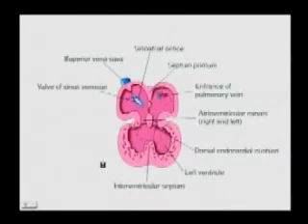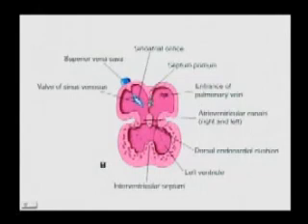So we see the entrance of the pulmonary veins over here in the left atrium. We see the sinoatrial orifice with the valve of the sinus venosus. We see the ostium primum, the foramen primum, either way. Both terms are correct.